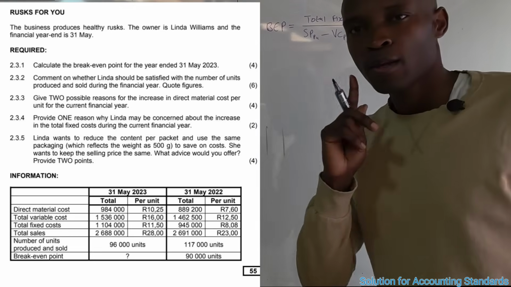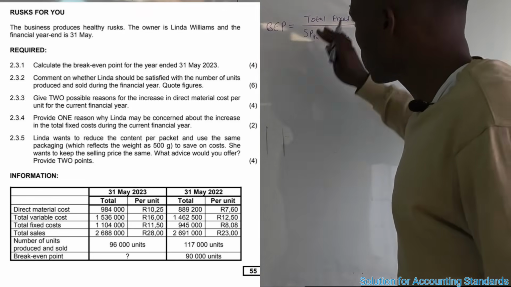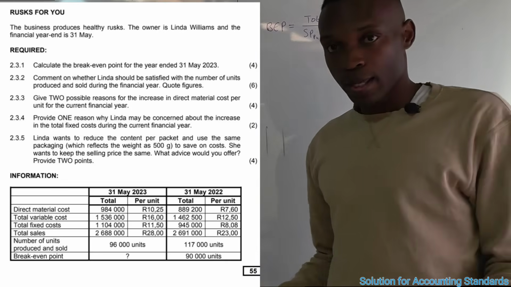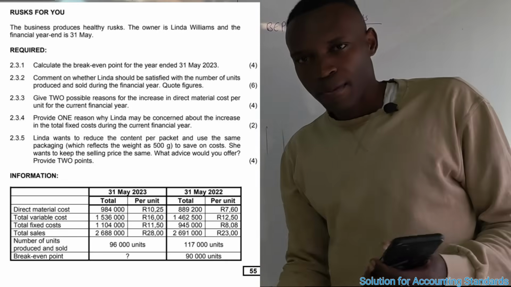Per unit is per one item, but total fixed cost is for everything. You will see this amount must be a big amount. In simple language, this one must be a smaller amount.